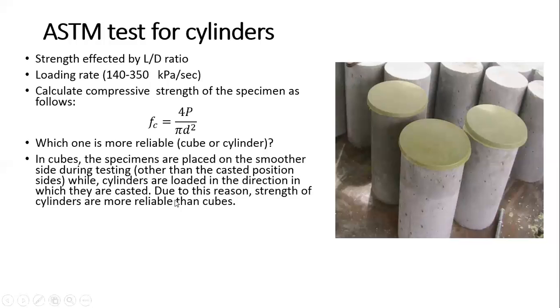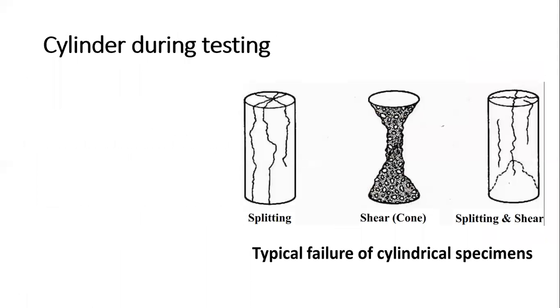So due to this reason, the strength of cylinders is more reliable than that of cubes. Got the point? Now the cylinder strength is around 0.8 times the cube strength, so it is only 80% of the cube strength.